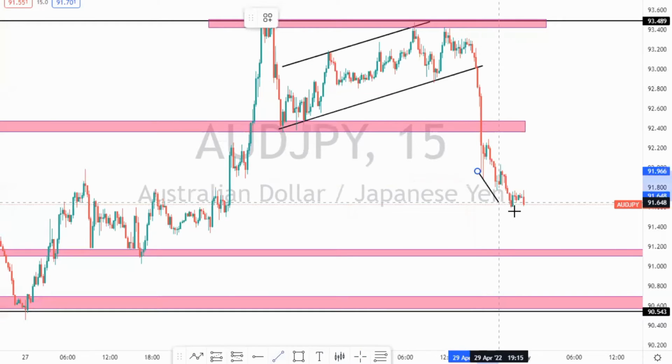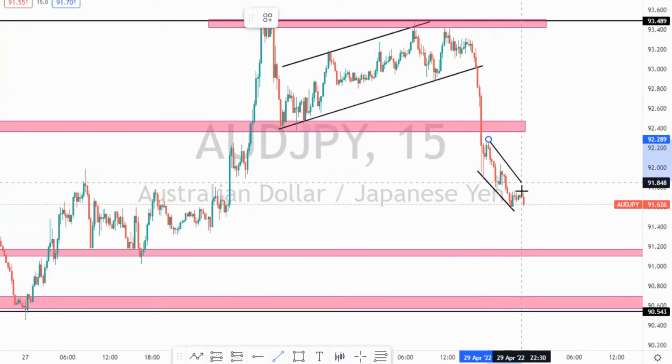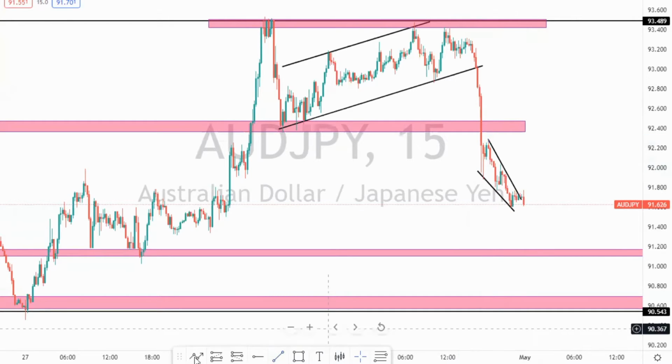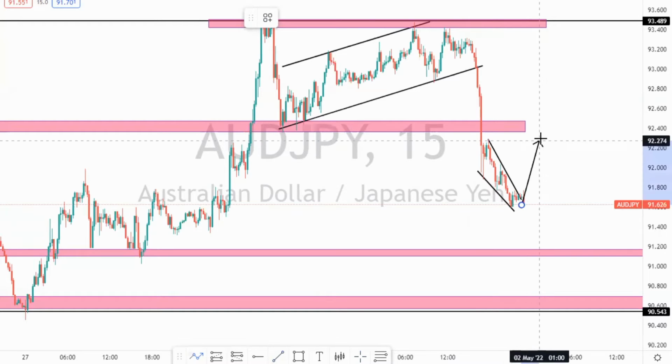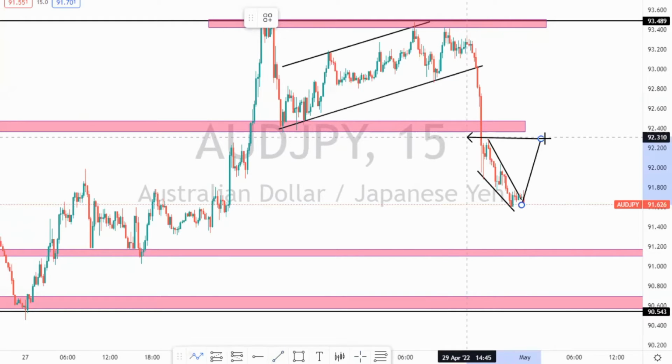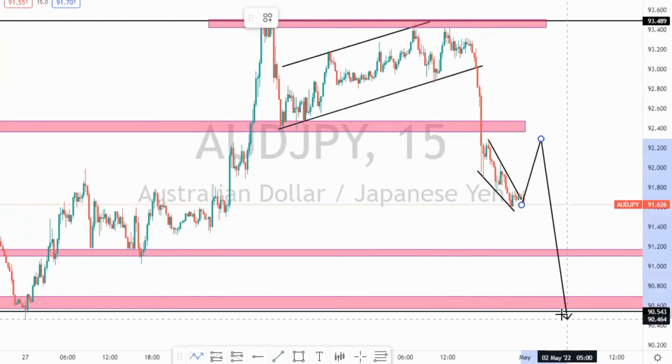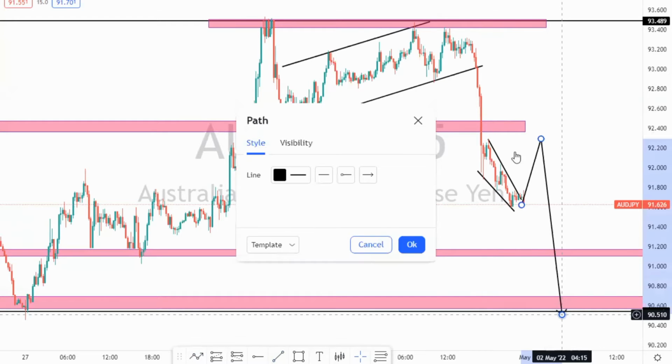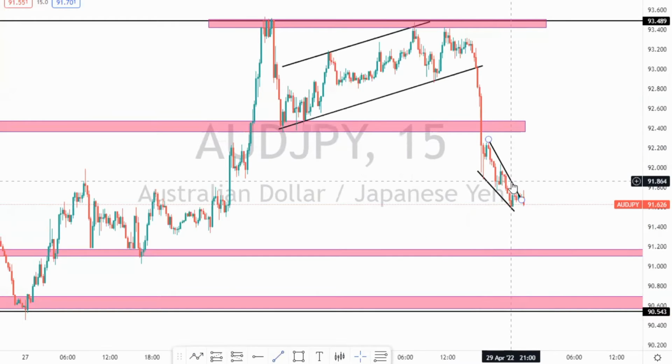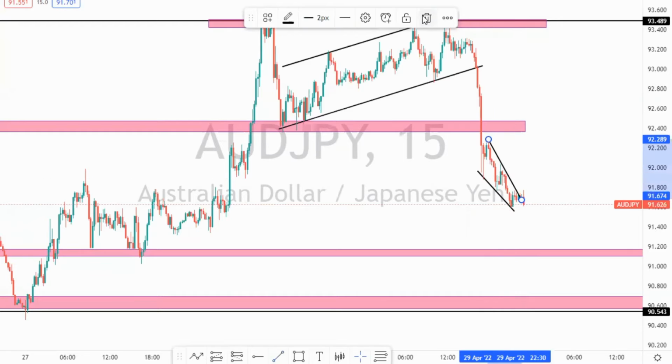Because this is what we call a what? Descending channel. So because this is a descending channel, it could reverse to the upside to give us a what? That retest. Also the 90% to push to the downside. Or another thing that you could wait for, you could wait for this correction to mature enough.